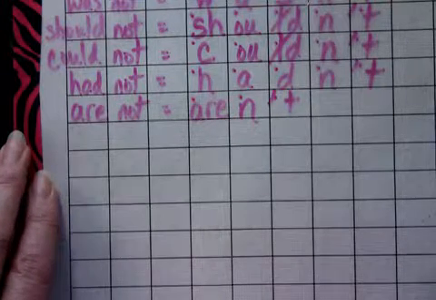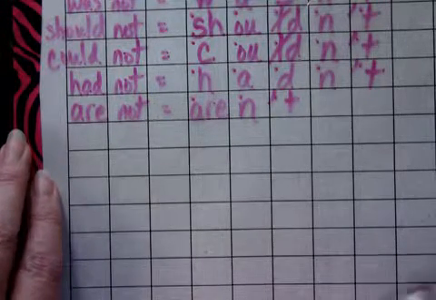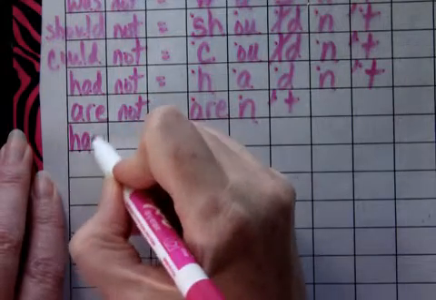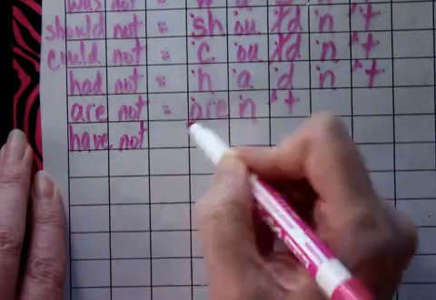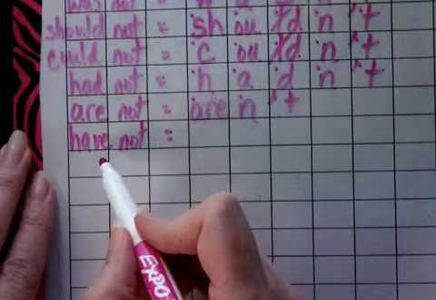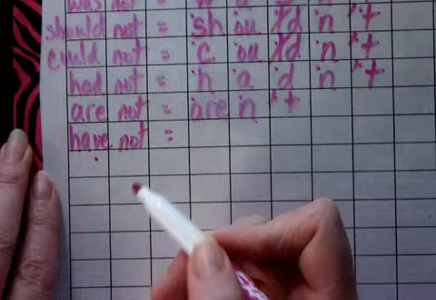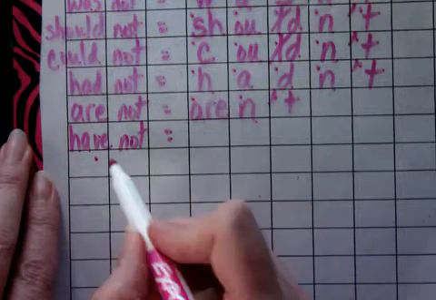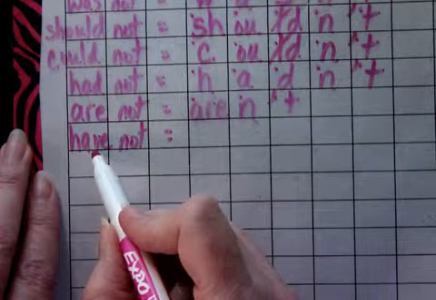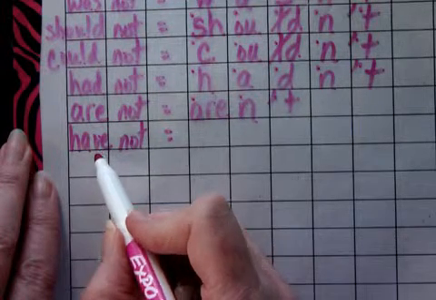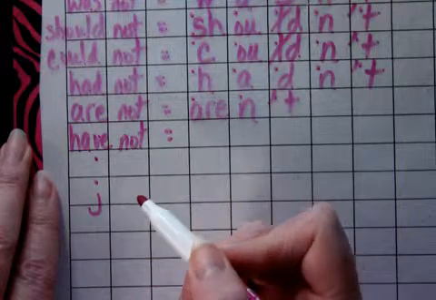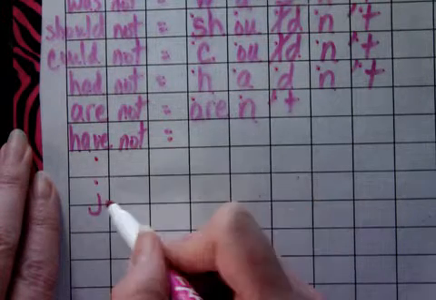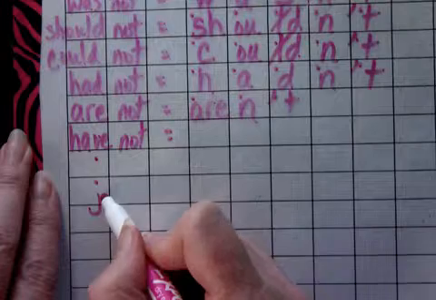And the last one for this video is have and not. Just a quick lesson. There is no word in the English language that ends in a V. You can have a V sound, but there's always an E after the V in an English word. That's also true for J. There's no English word that ends in a J. If it ends in a J, it's always going to have an E after it.